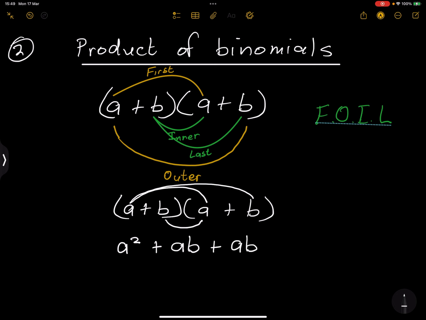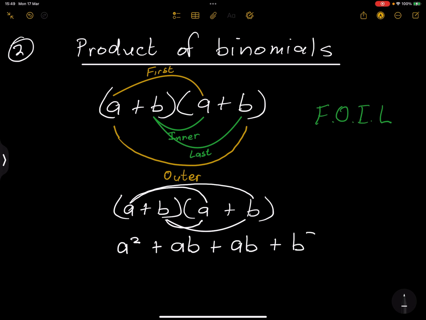You can say BA. Remember that multiplication is commutative, meaning that you can order things around, but it will still end up with the same product. And then finally, we've got B times B, that will give us plus B squared.